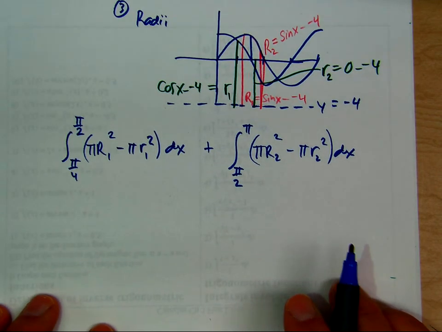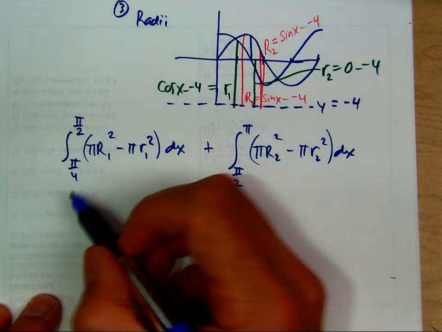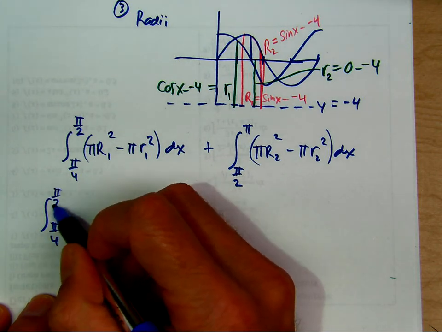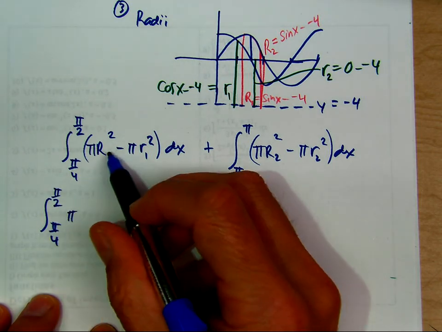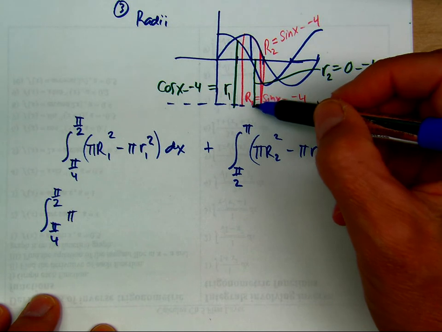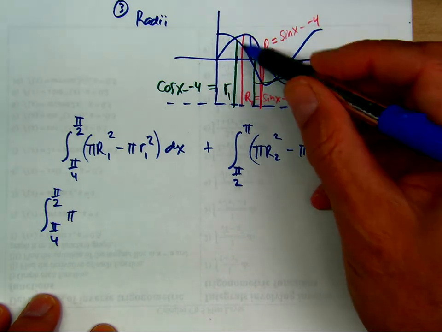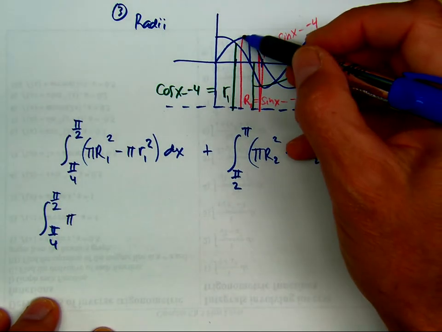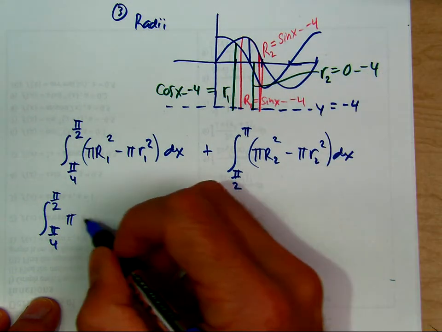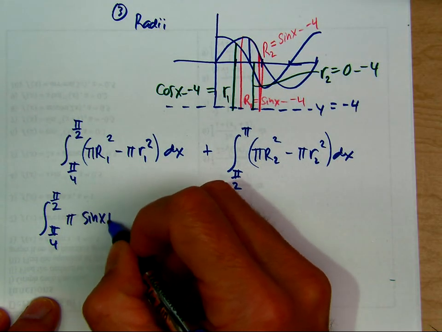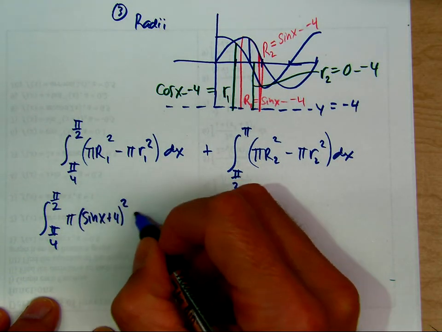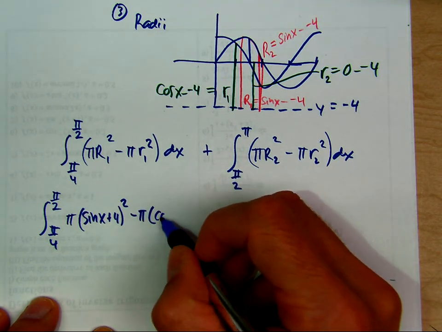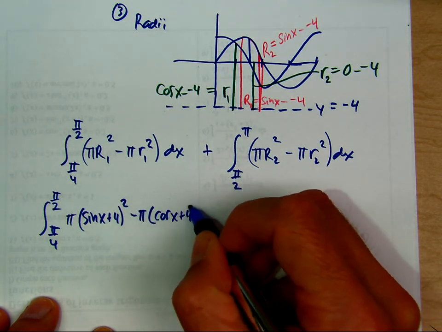All right, pi. Big R1 was here, and so that's going to be sine x plus 4, squared. Little r1 was cosine x plus 4, squared.